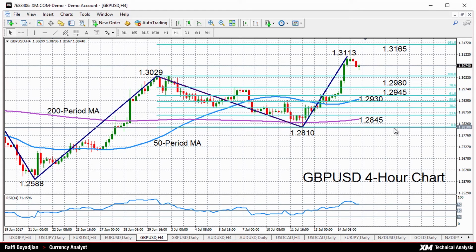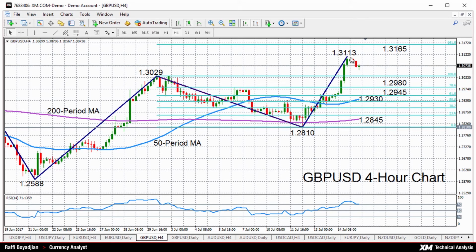Moving on to cable now, because the pair did touch a fresh near 10-month high, 1.3113. RSI is already into overbought territory. It's currently come back, although it's still just above the 70 level. So that means that the chance of further upside moves is rather limited.